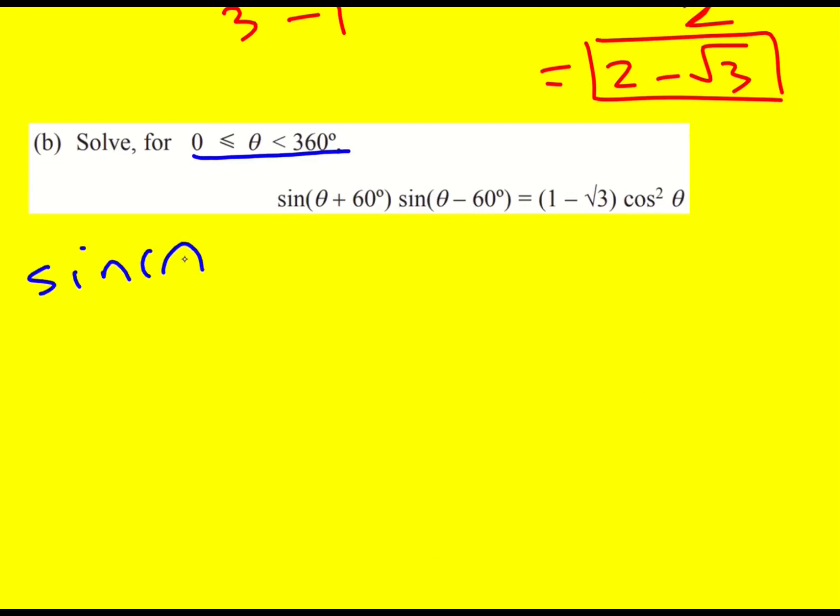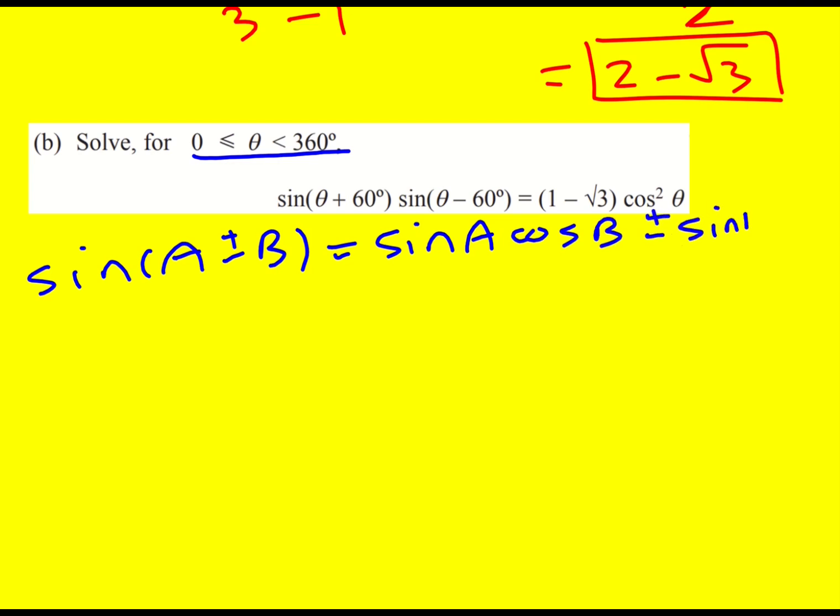We've got sine A plus or minus B is sine A cos B plus or minus sine B cos A. And so I can replace it in here. I'm going to get sine theta, it's the plus one to start with.